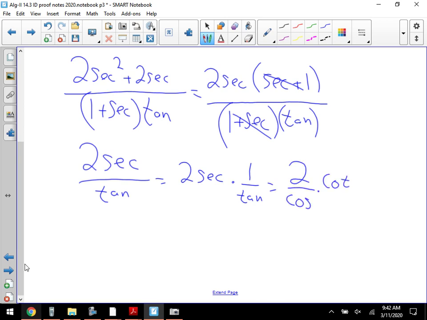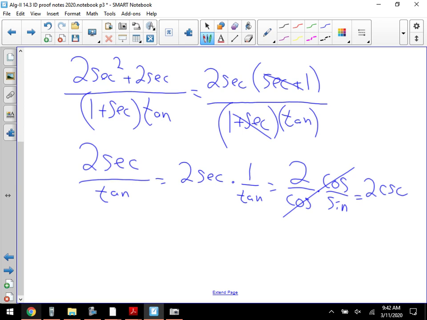What's cotangent? Cosine over sine. So you get 2 over sine, which is 2 cosecant. Remember, if you have a fraction that can be rewritten, always rewrite it so there's no fraction.